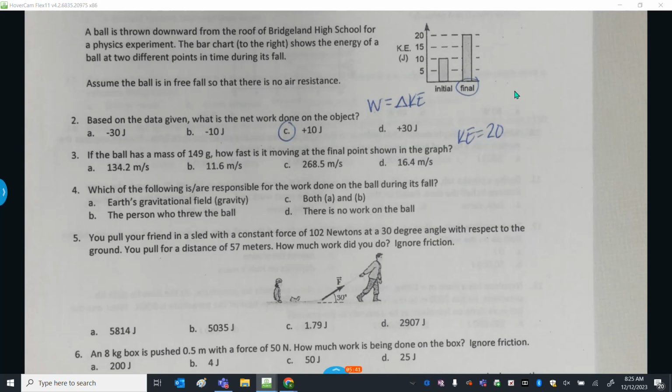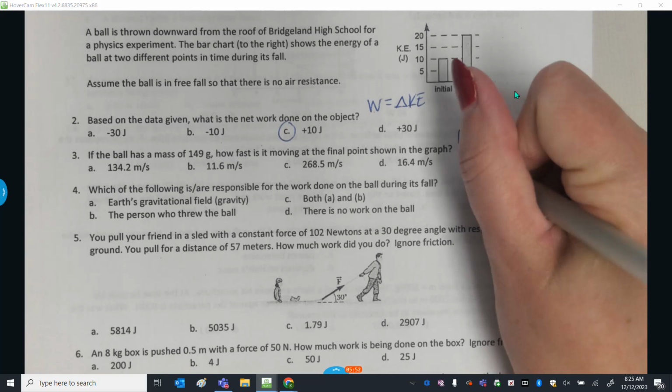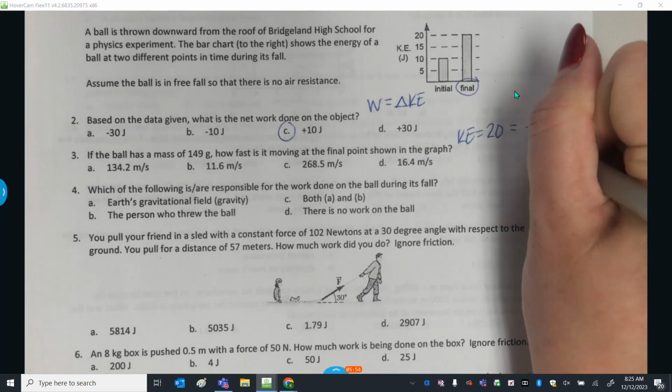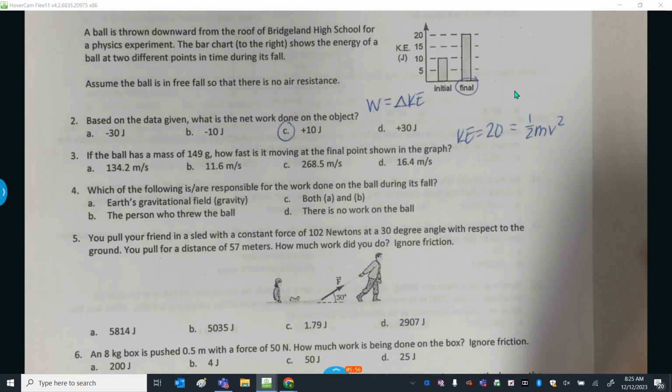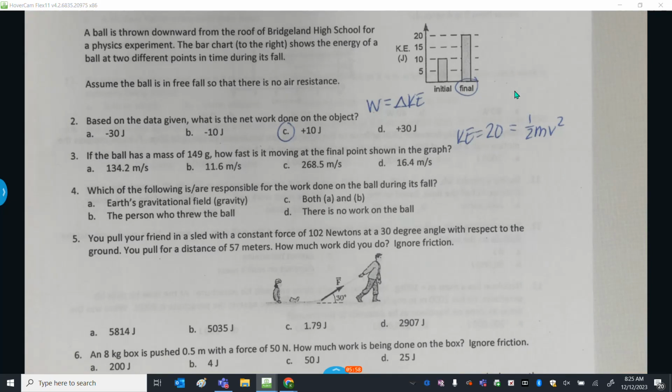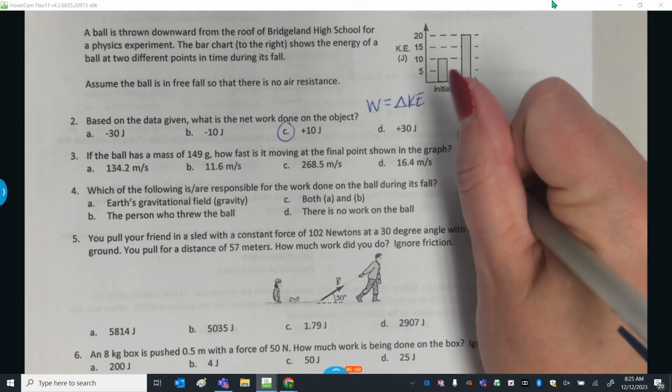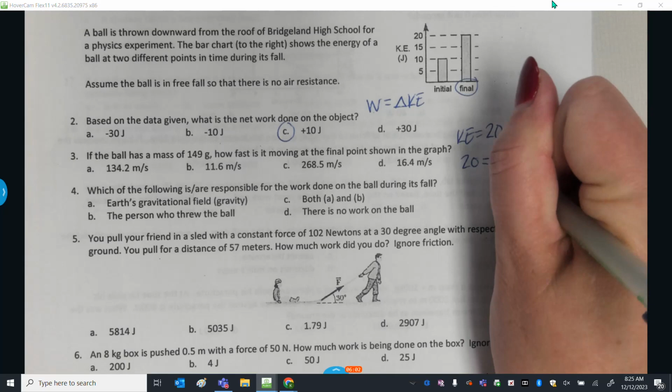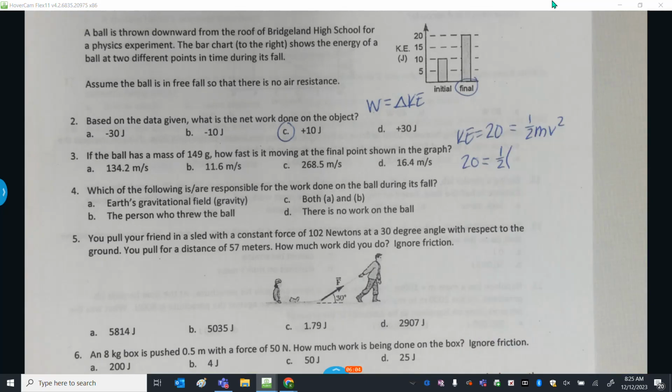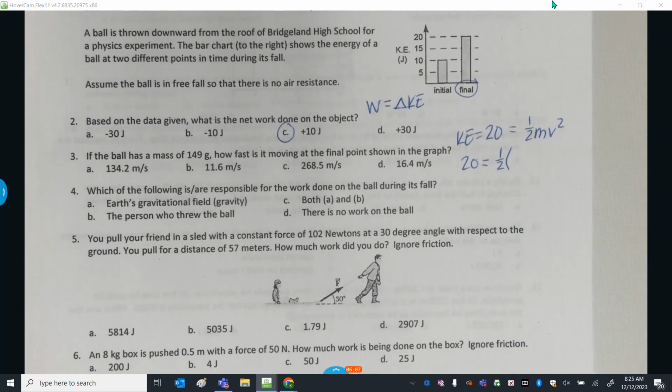Based on that kinetic energy, 20 joules, I should be able to determine how fast it's going, because we have this equation that says KE is equal to 1/2 mv squared. So I have 20 for my kinetic energy, and I can set it equal to 1/2 times the mass times the velocity squared, and I can solve for the velocity.